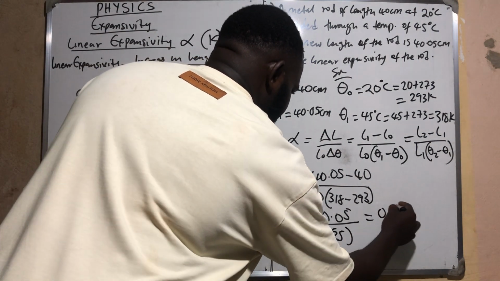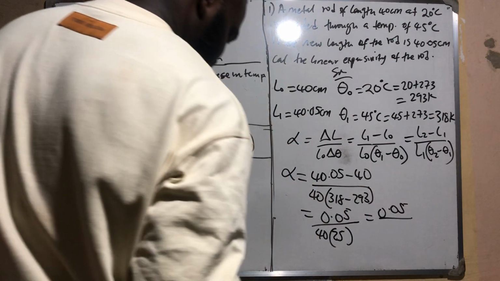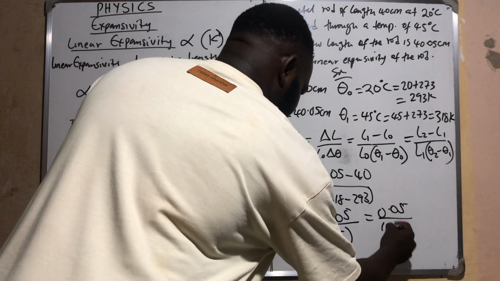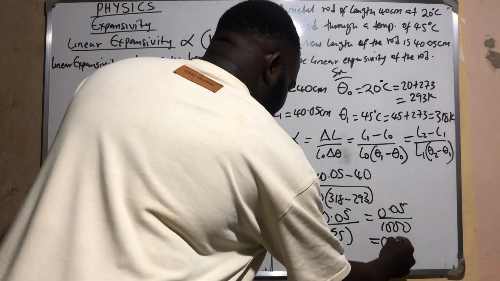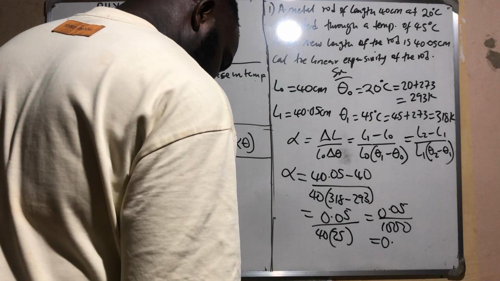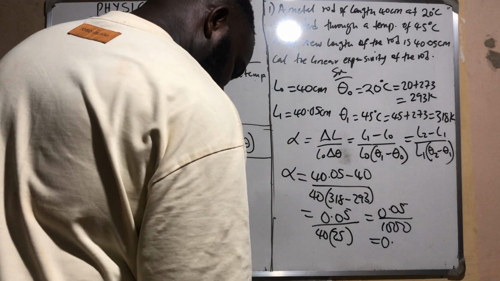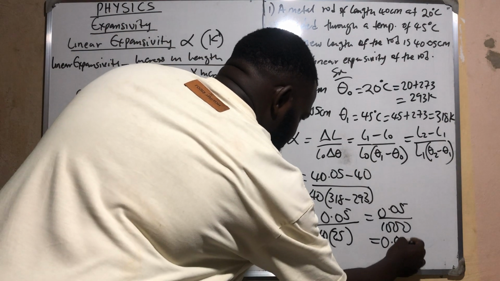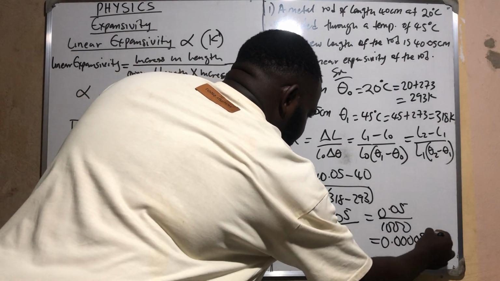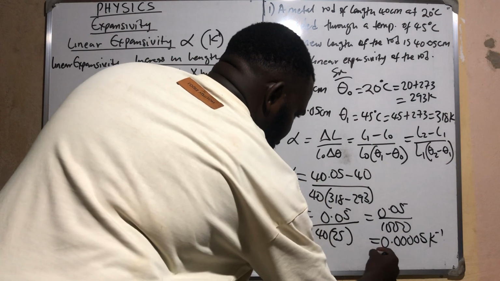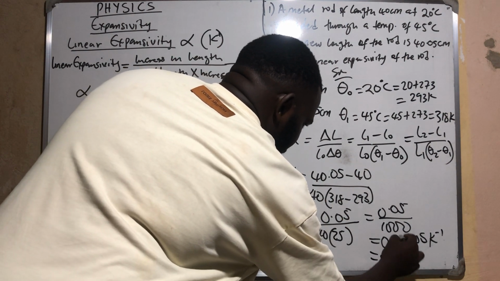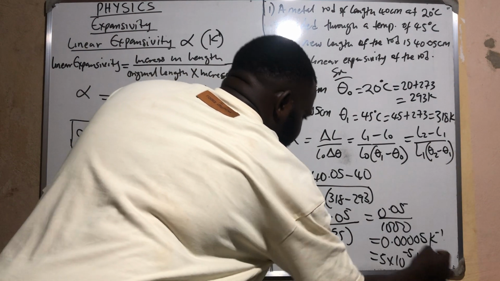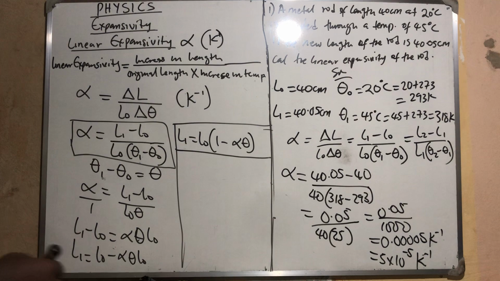So I have 0.05 divided by 40 times 25, that is 1000. So I have 0.05 divided by my last answer. So I have 5 times 10 raised to power minus 5 per Kelvin.